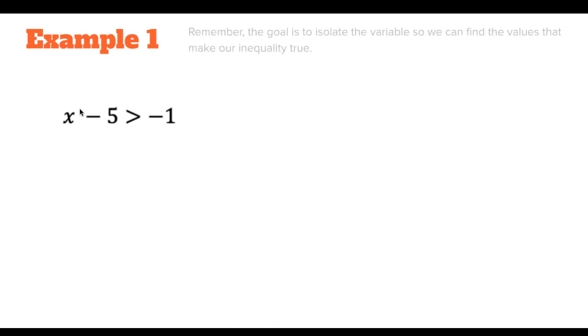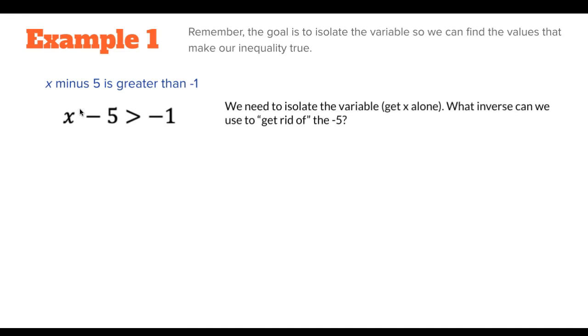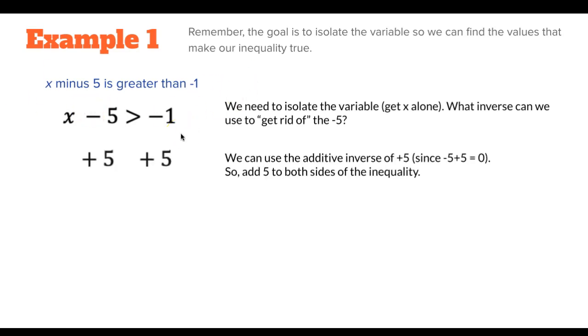So, example 1. We have x minus 5. Remember, guys, it's the same thing that we did. So we need to isolate the variable. How are we going to do it? We're going to do the inverse of minus 5, which is going to be plus 5. We're adding plus 5 to both sides. It gives you a 0 pair right here.